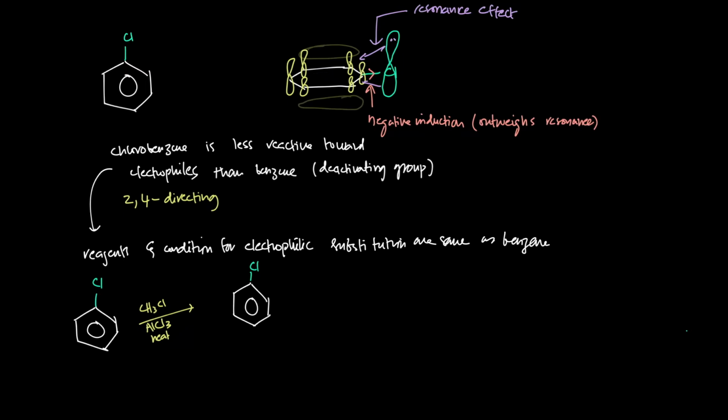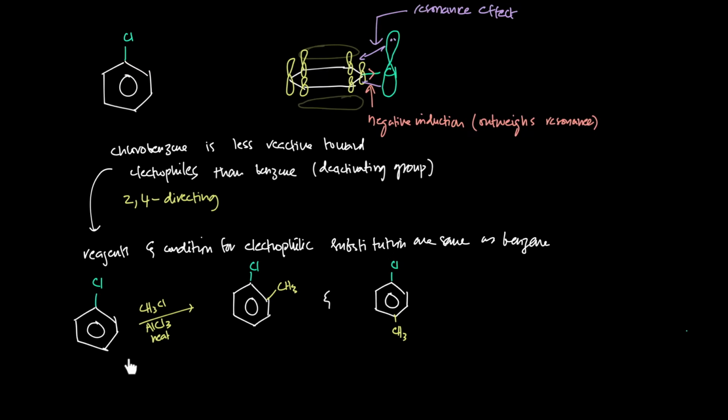Again, I will make a mixture of two isomers: the methyl group will go here, or on the opposite carbon atom. So it'll be either 1-chloro-2-methylbenzene or 1-chloro-4-methylbenzene.